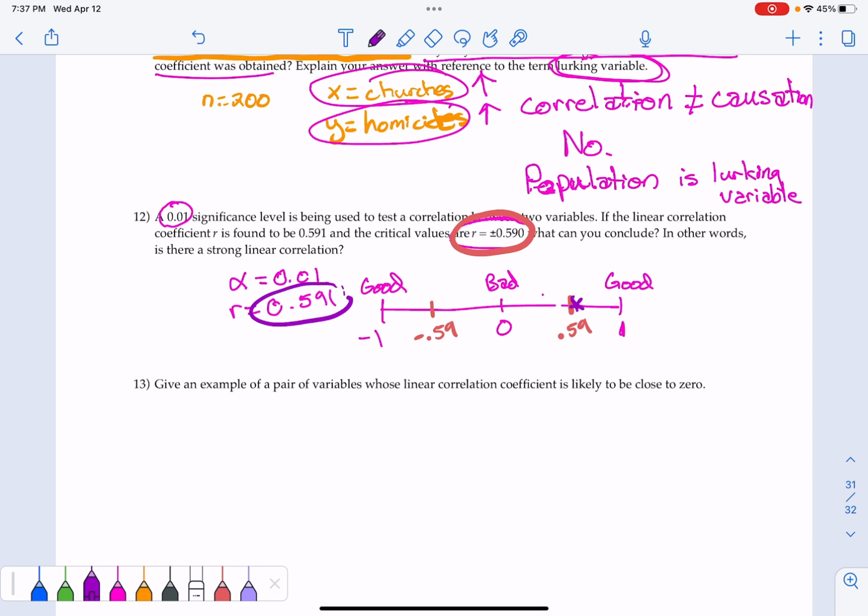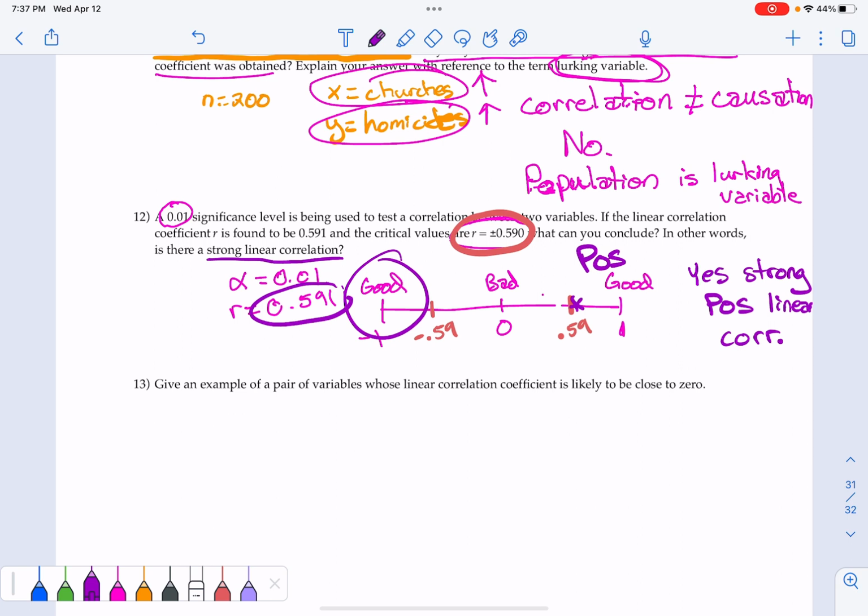So, in other words, is there a strong linear correlation? Yes. Strong, and I'm going to be more specific, I'm going to say strong positive linear correlation. Okay, so if it was a negative correlation, it would be doing that, okay? So what's happening is on our graph, whatever variables we're talking about, as one is going this direction, the other one is going this direction. So we have a line that's doing this, okay?